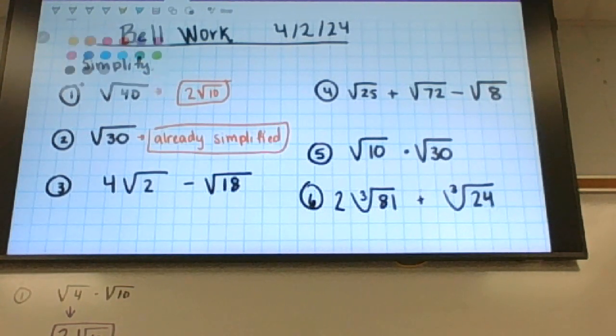Number 3. All right, we're building upon this idea of simplest radical form. Yesterday, we just introduced operations with radicals, and this is subtracting radicals.